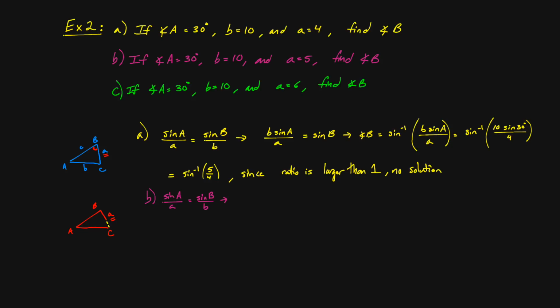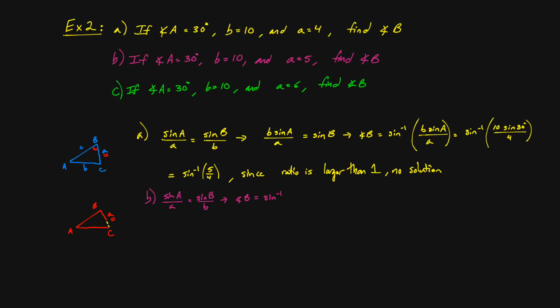So we're now going to have sine inverse of 10. Oh, hang on, I should write what it's equal to. I didn't write angle B. Angle B is equal to, there we go. Now we can keep going forward.